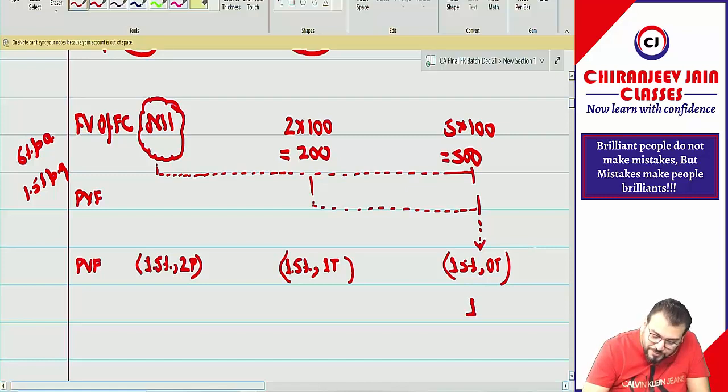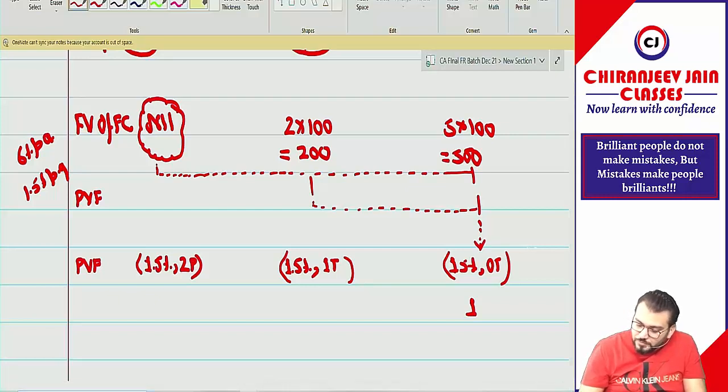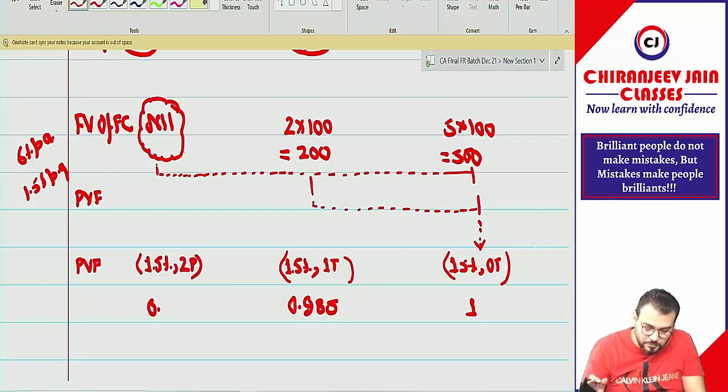So this will be 1, means you should do 1.015 divide equal to. Why is my answer not coming? What is coming? 0.985. Correct?